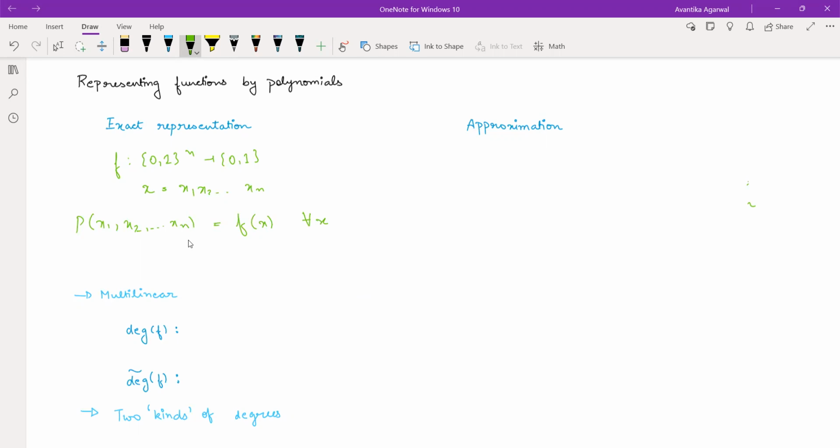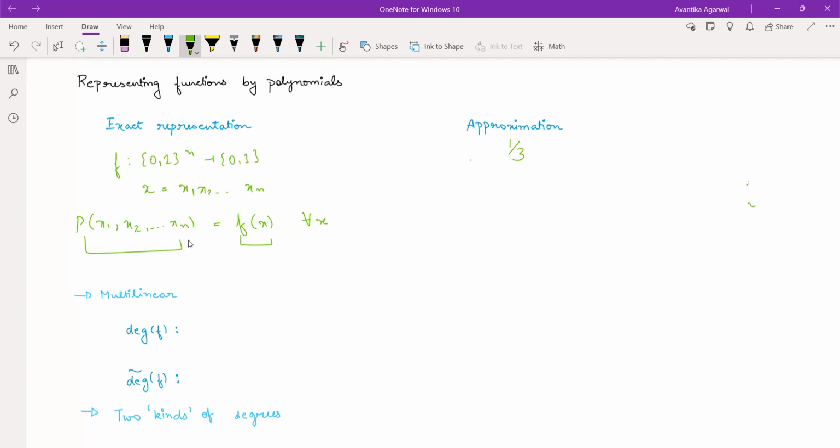So computing the function is basically equivalent to computing this polynomial if we know what this polynomial is. And a polynomial approximates a function f, so if we are approximating, there must be some error. Let us say that our error is 1/3.